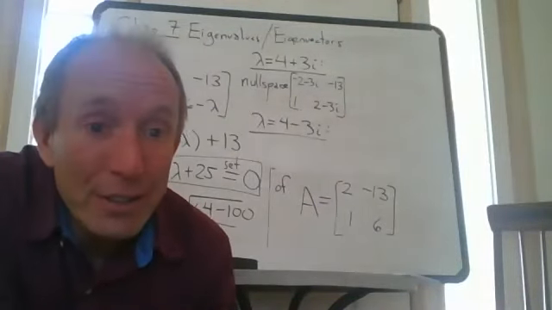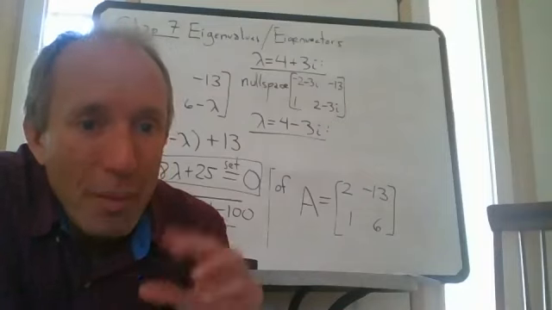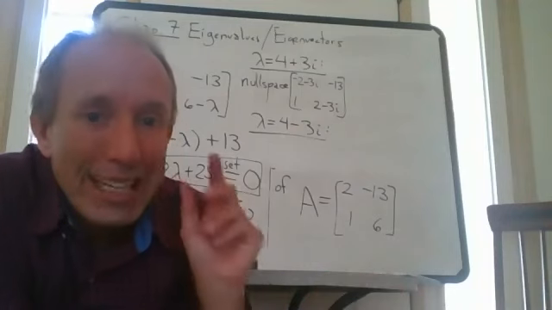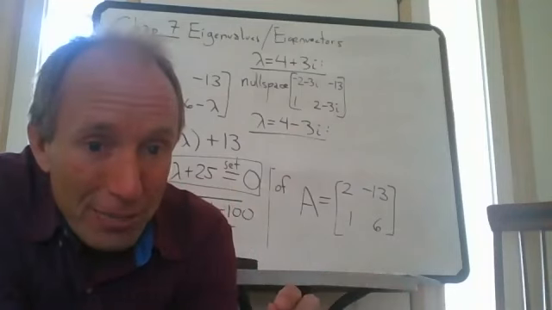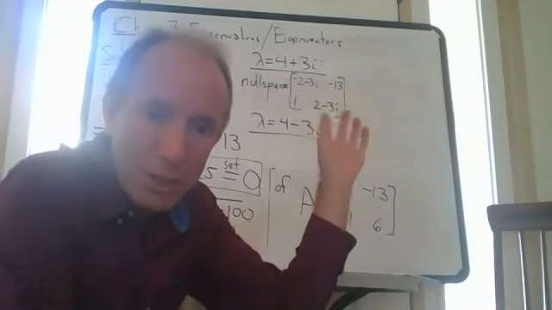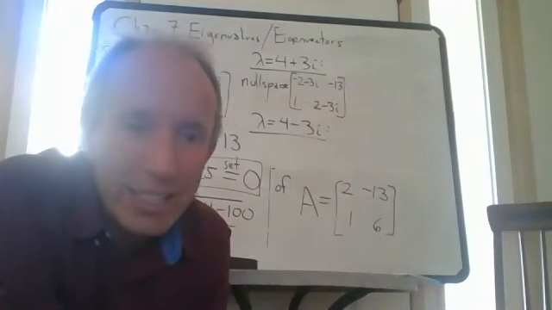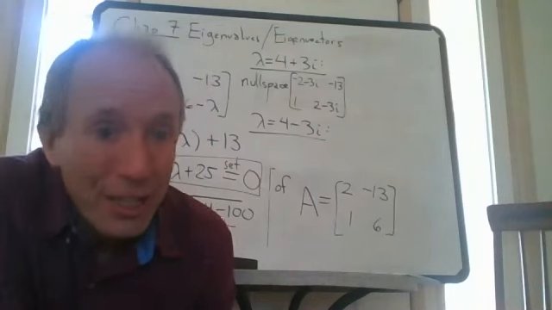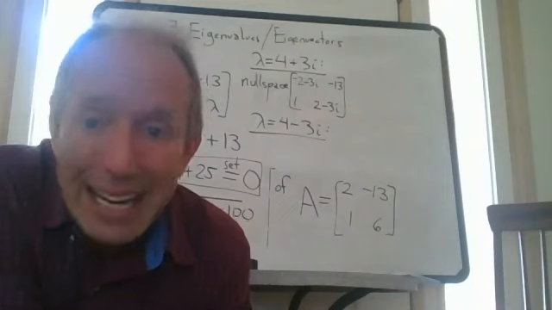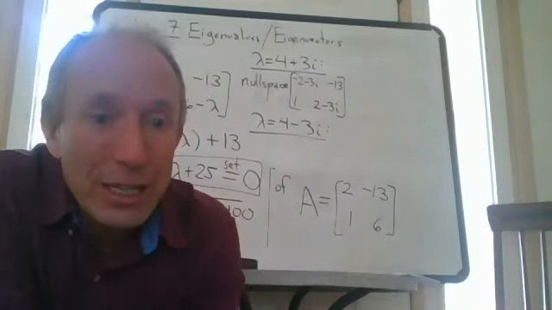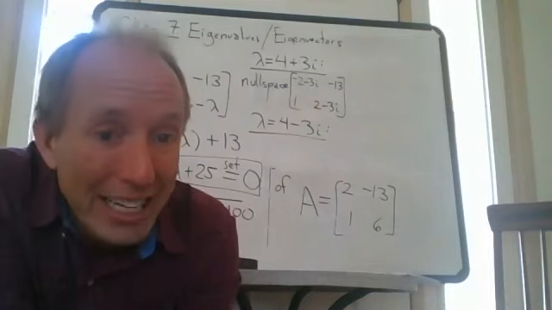Now, guys, here's where my little comment about how you have to be able to cross off a row is really huge. You really don't want to do EROs with this kind of matrix with all the imaginary numbers in it. It's going to be messy. The fact of the matter is, though, you don't have to do any EROs here at all, right? We can just trust the theory.